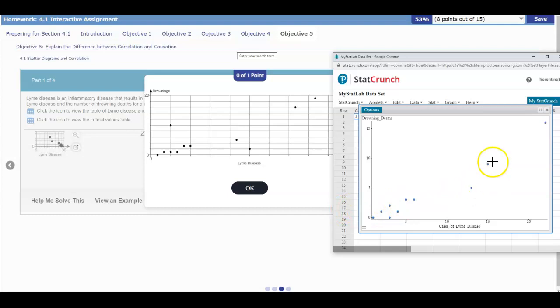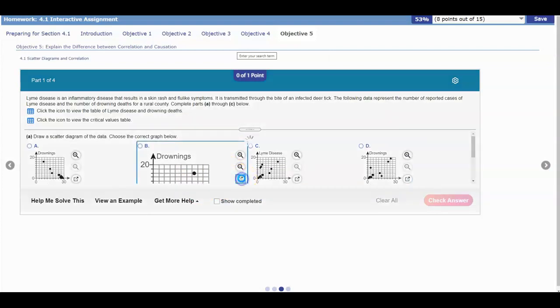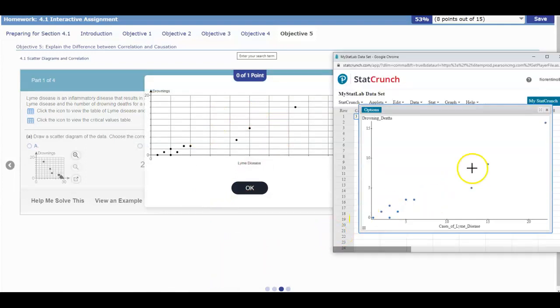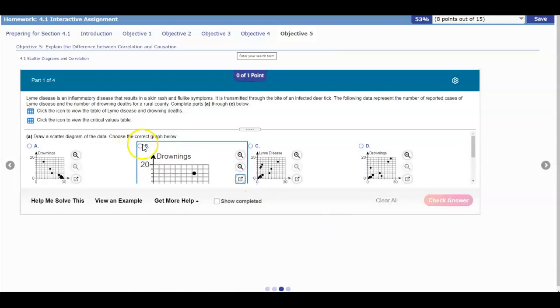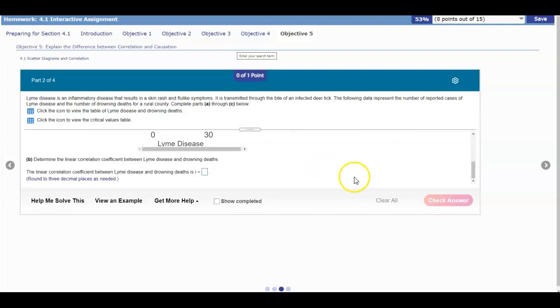We have this point here, and you can see that this one doesn't work. So let's go ahead and select B and see if that works, and that works. That matches our scatter plot.